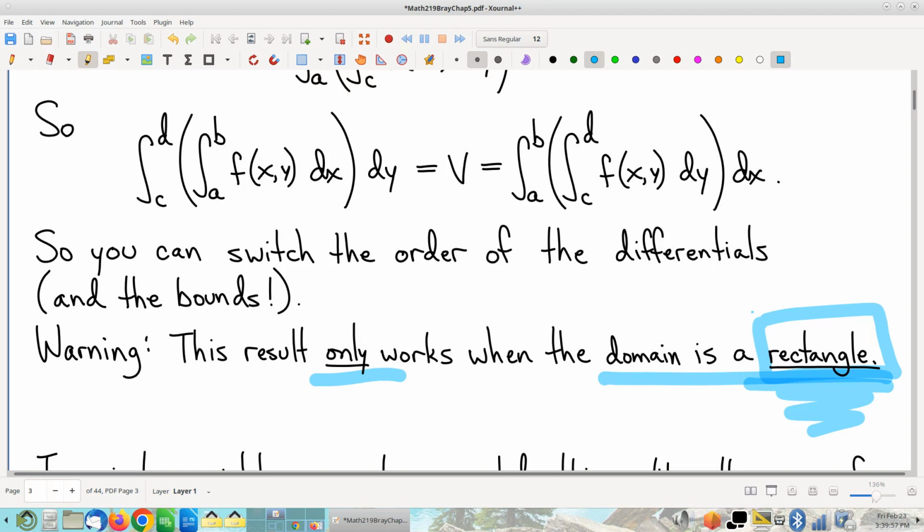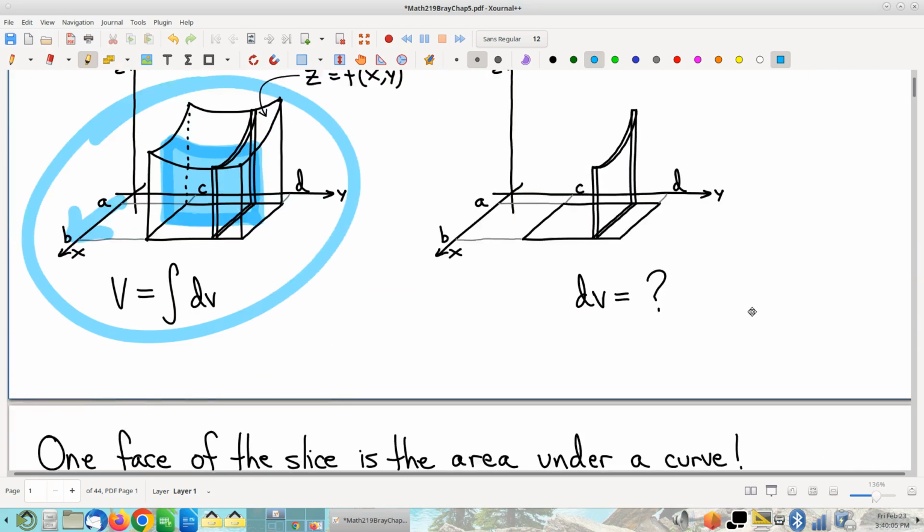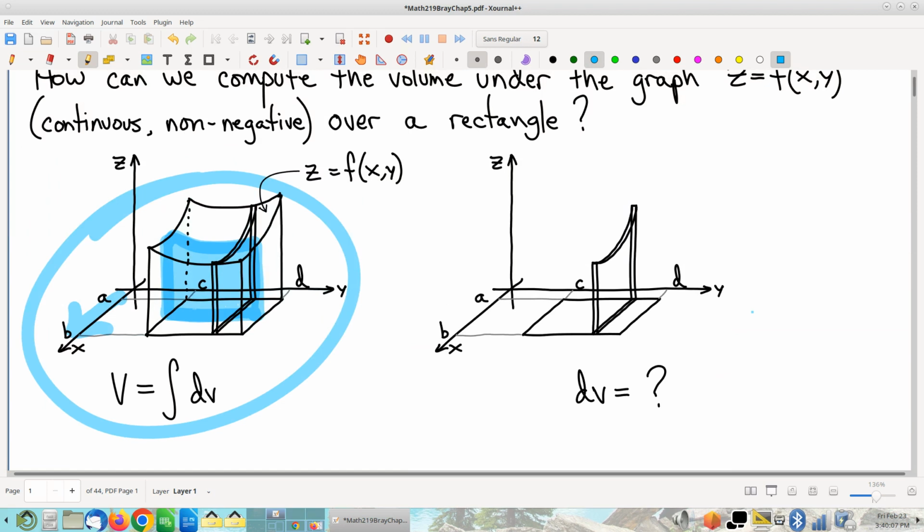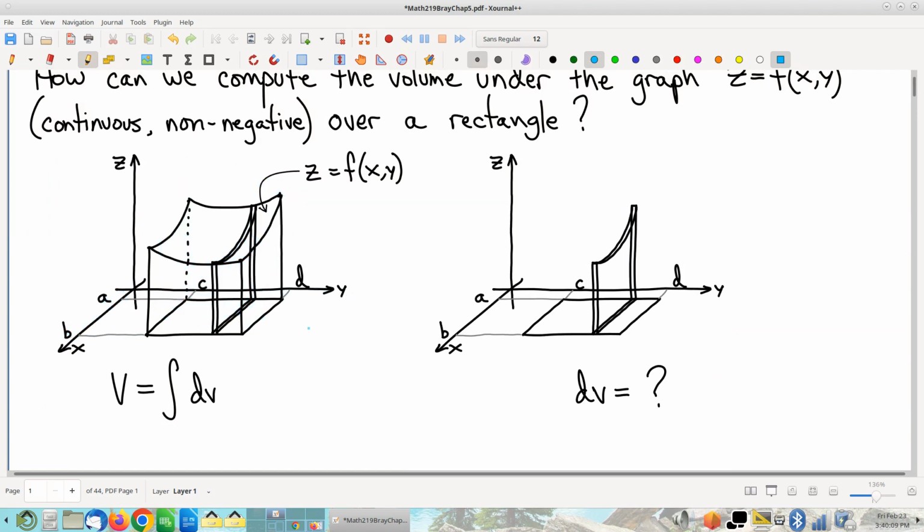It's going to turn out, we're not going to be able to get to it today, but on Monday, we're going to start talking about what would happen if my domain here, over which I might, for example, want to compute the volume under a graph, what if this wasn't a rectangle? What if this was a different shape?